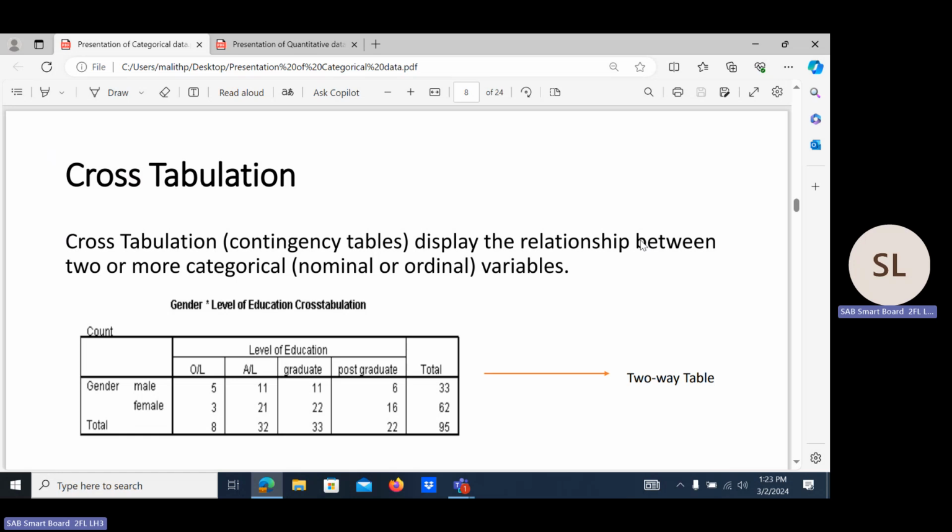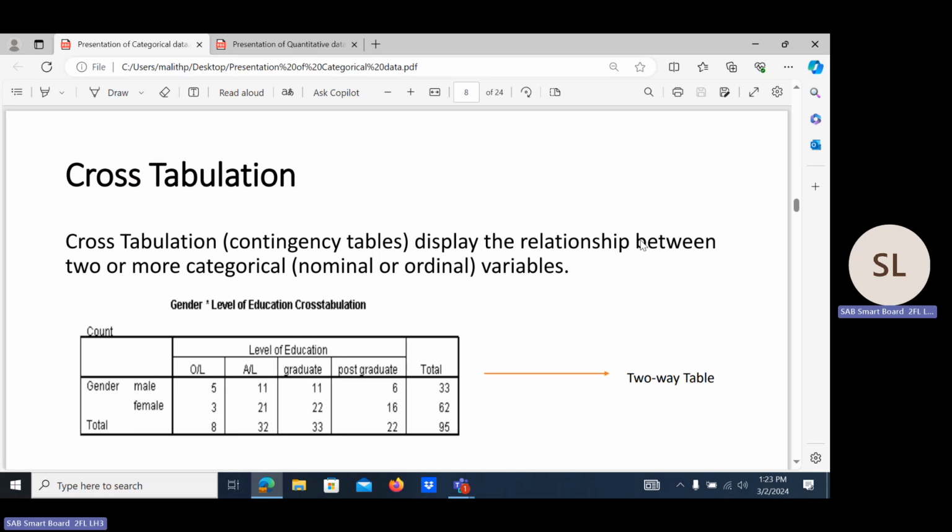We call this a two-way table. In this cross tabulation, how many categorical variables are represented? In this example, 2. What are the two categorical variables here?